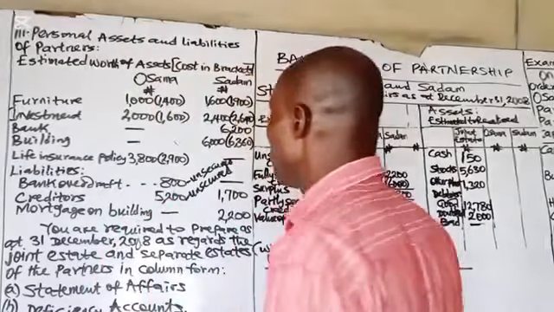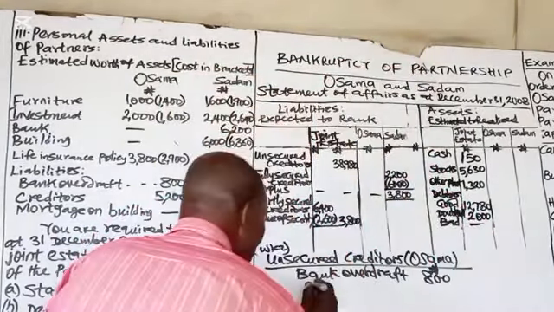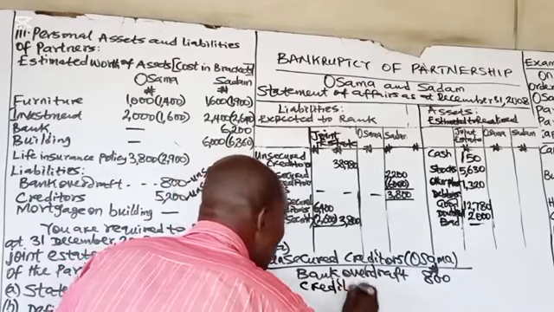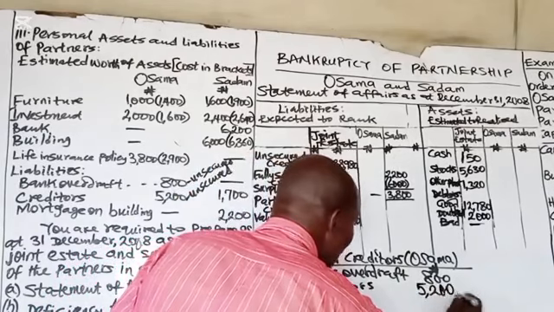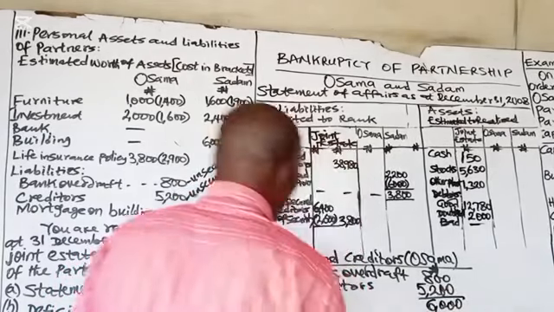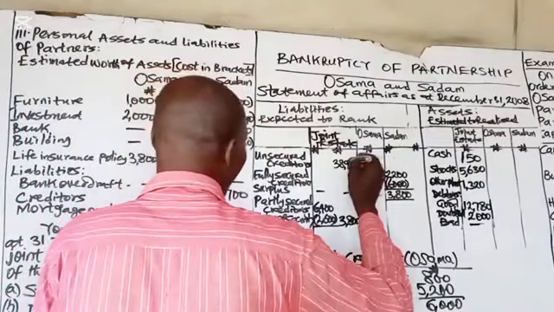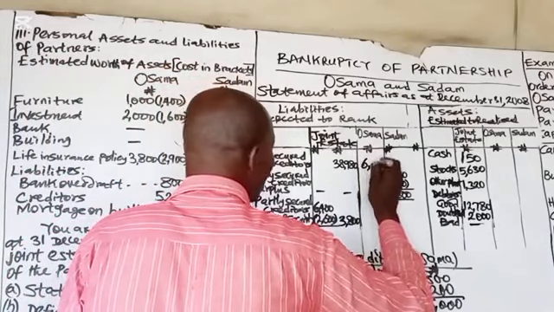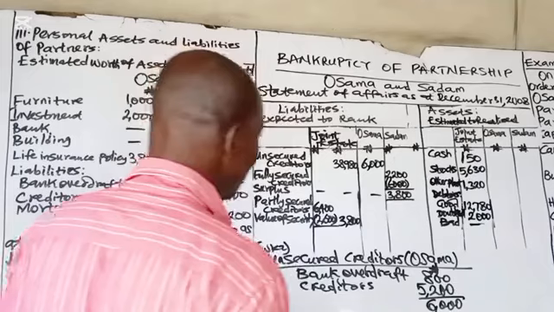Then we also have creditors 5,200. That is a total of 6,000. The unsecured creditors for Osama amounted to 6,000. That would be the first item.